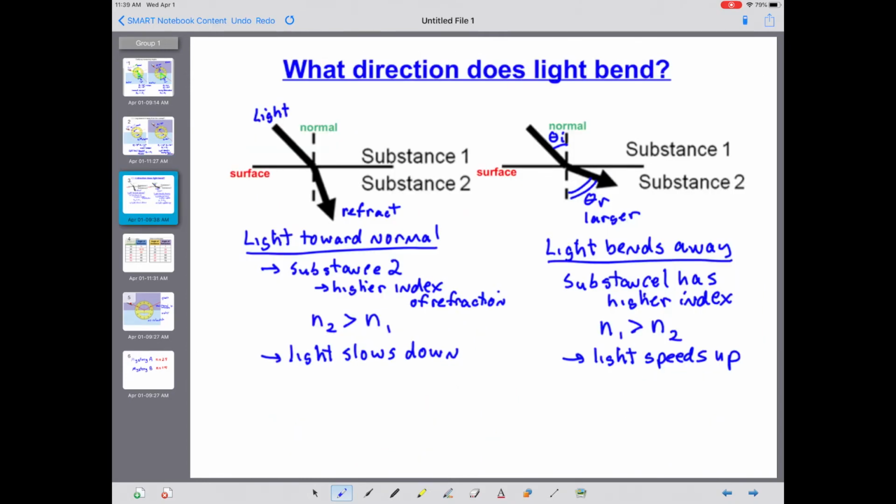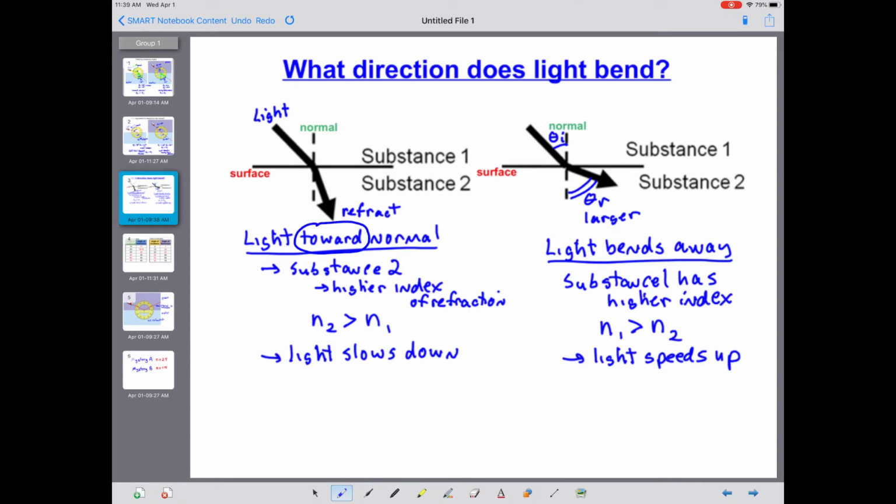Kind of overall then, in summary, in terms of what direction the light bends, substance 1 and substance 2, you can think of the speed, you can think of the index of refraction. If your n2 value is the larger value, that means the light is going to slow down, and when the light slows down, it will bend toward the normal.